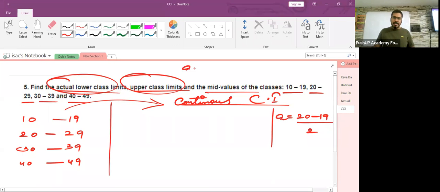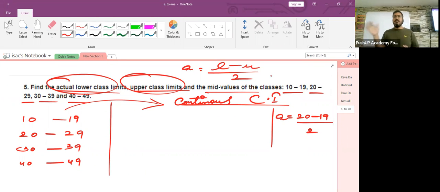Remember, children, adjustment factor is L minus U divided by 2. What is L? Lower limit of the second class interval. What is U? The upper limit of the first class interval. L minus U divided by 2. For God's sake, please don't do L plus U divided by 2.